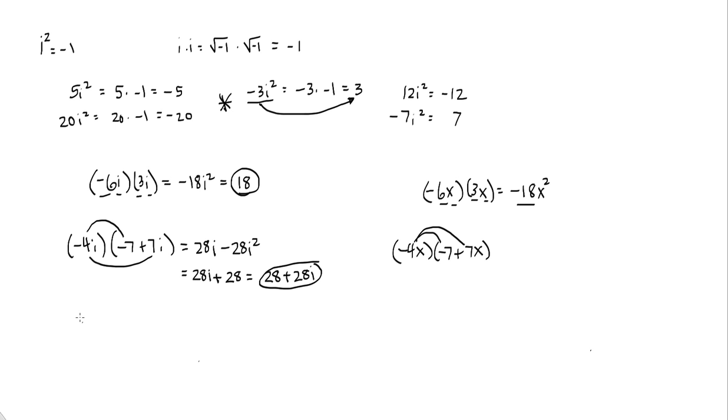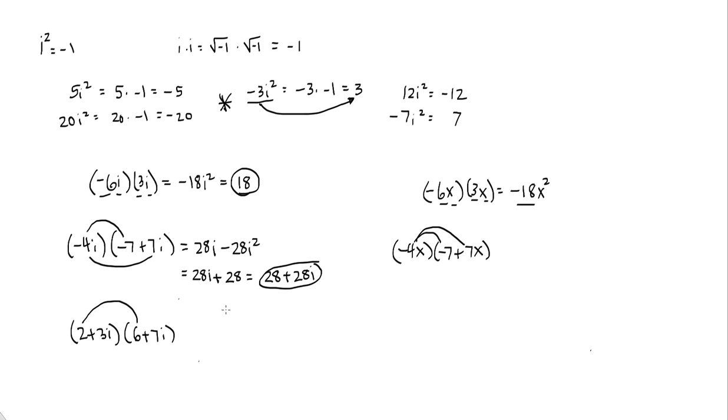Now let's take a look at one more example, and that one more example is going to be a foiling problem. 2 plus 3i times 6 plus 7i. When we have two terms in each parentheses, I think you know that you're supposed to FOIL these. Okay? It's just a double distribution here.